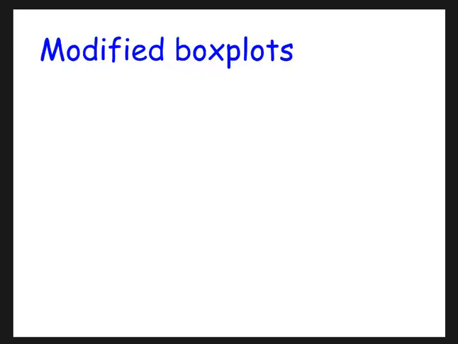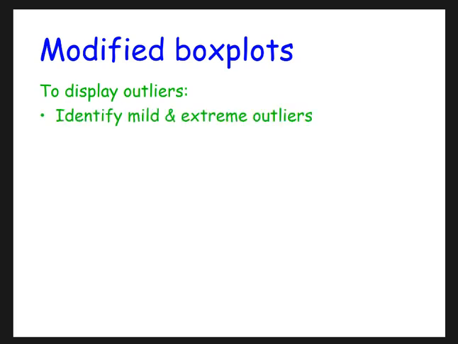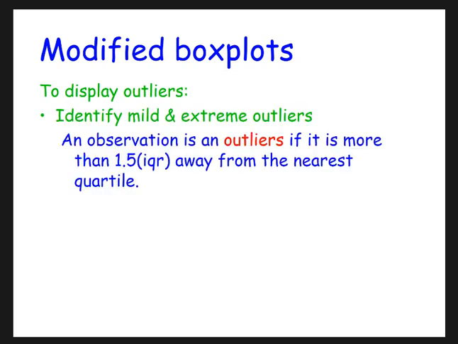To modify a box plot, we want to account for outliers. We said a box plot was really easy for identifying outliers. To do that, we start out with the IQR, the interquartile range. An outlier is any value that is more than 1.5 times the interquartile range away from either of the quartiles.